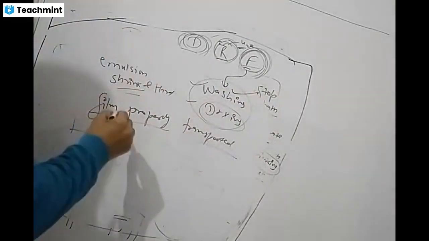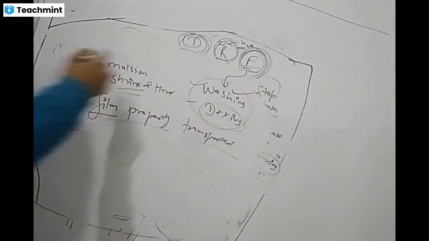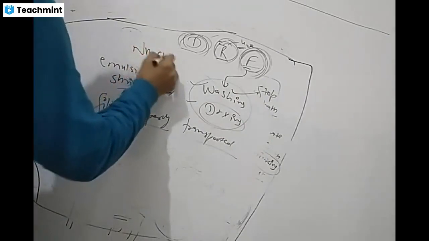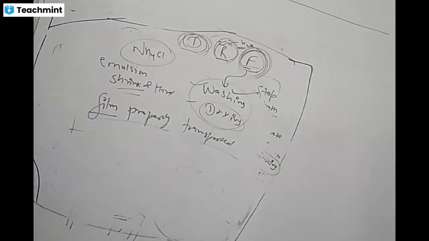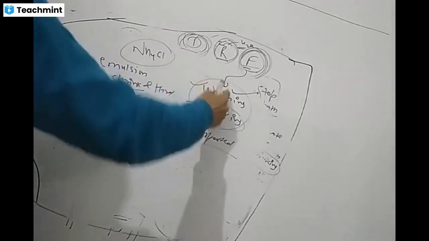So we make it hard using the hardener, that is nothing but ammonium chloride. If it is soft, there may be chances of damage, because the next steps are washing and drying.